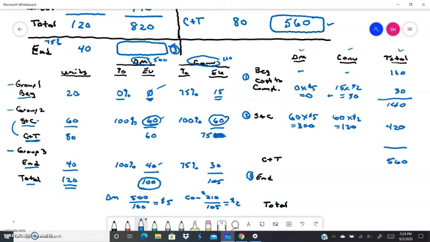Our ending inventory, we've got 40 equivalent units of direct materials. So 40 times $5, and that's $200. And then we've got another 30 equivalent units of work for conversion costs at the $2 rate, and that's $60, and that's $260.